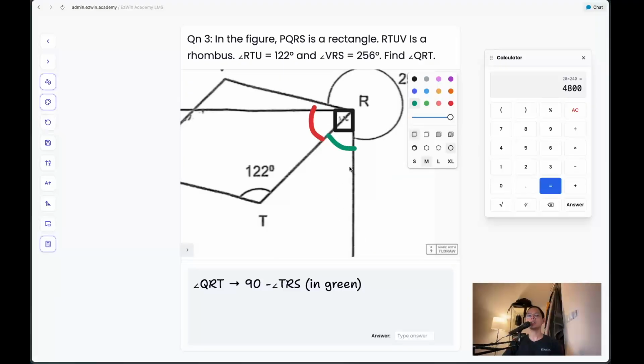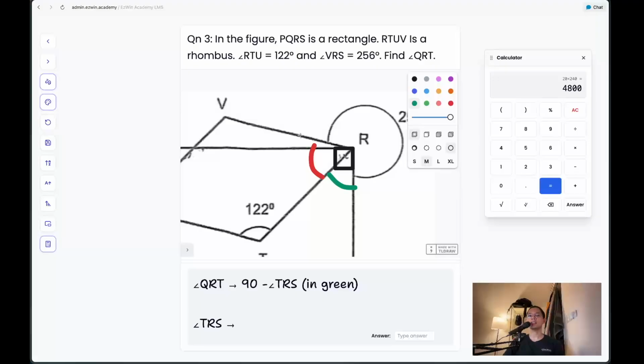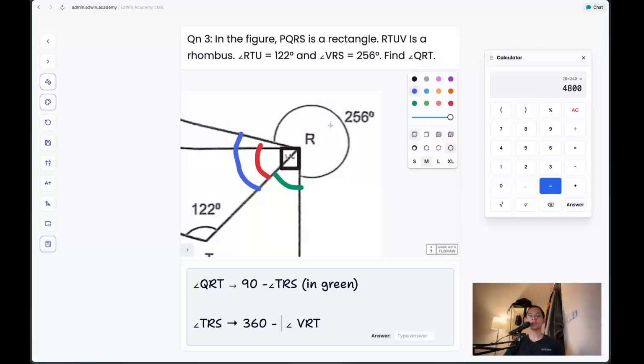To get angle TRS over here, we would then just get this angle, which is, let me put this in blue, angle VRT, so basically 360 minus angle VRT minus 256, which is this angle in orange. Sorry, the 256 is in orange, not the VRT.